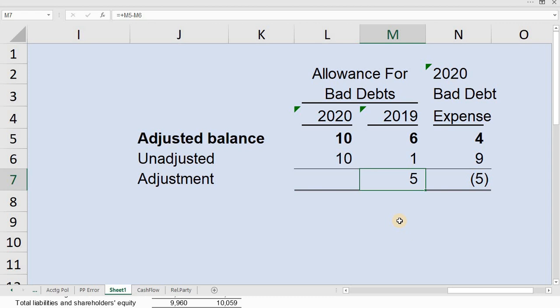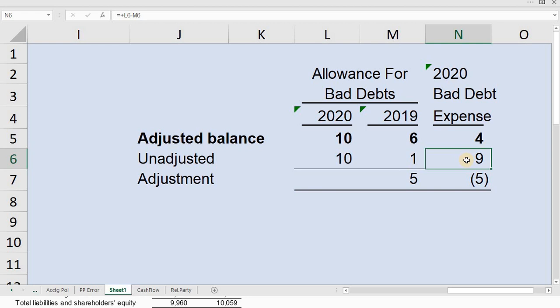So if the bad debt expense in 2019 shall be increased by 5 pesos, what is the effect of this error in the 2020 net income? The 2020 bad debt expense is currently recorded at 9 pesos. This is the unadjusted balance. Again, the bad debt expense is computed as ending balance of allowance for bad debts less beginning balance, in case there is no accounts receivable write-off.